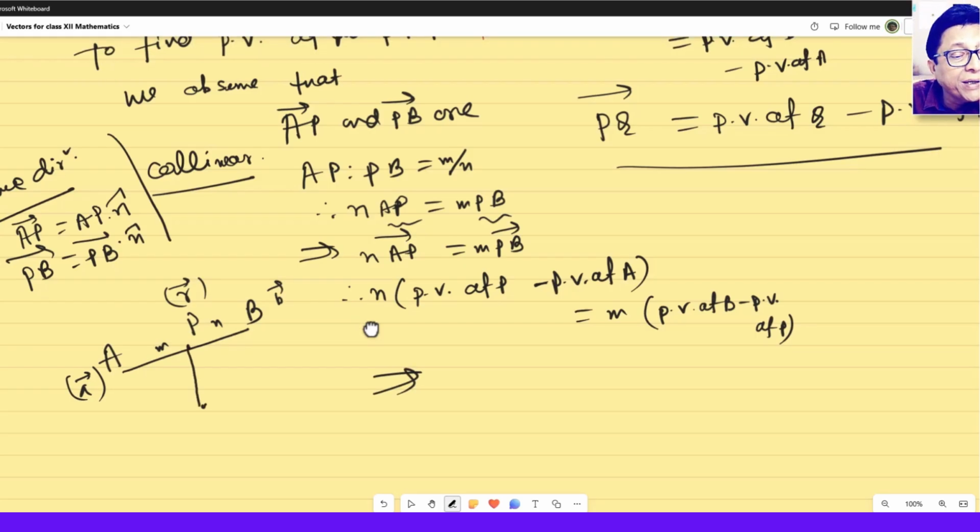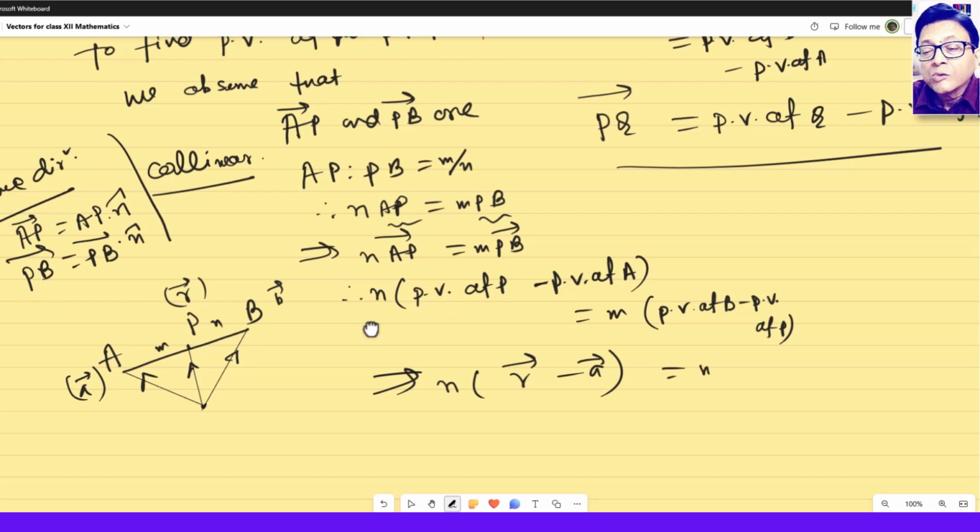This you have taken R. This one you have taken B and this one A. So this n into R minus A will be m into B minus R. So this implies n into R plus m into R equal to mB plus nA.